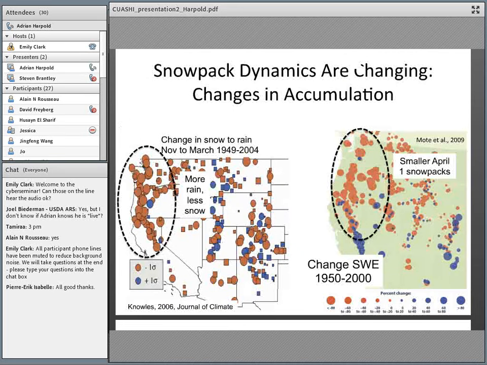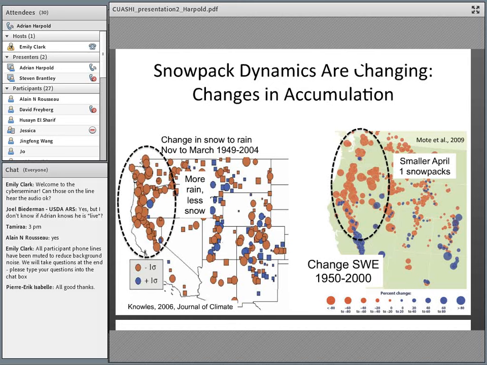But unique probably to these snow-dominated systems are changes in the snowpack regime. So we're seeing changes in snow accumulation. On the left here, I'm showing changes from snow to rain, where the red symbols are increasing rain or decreasing snow.